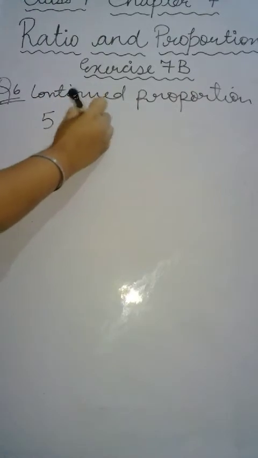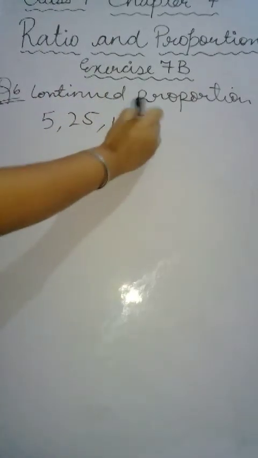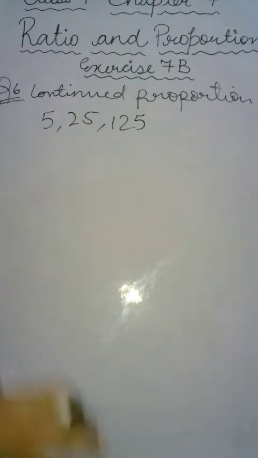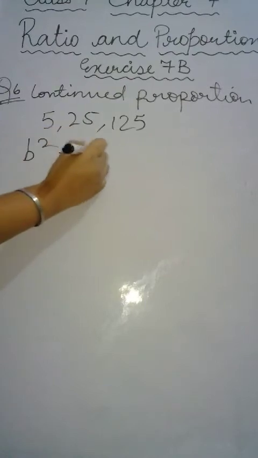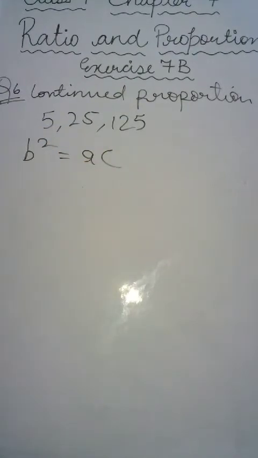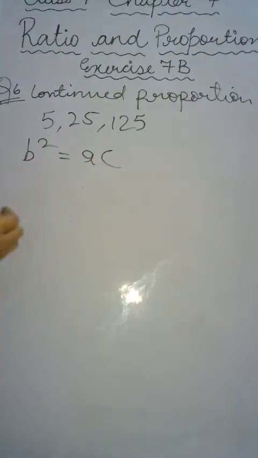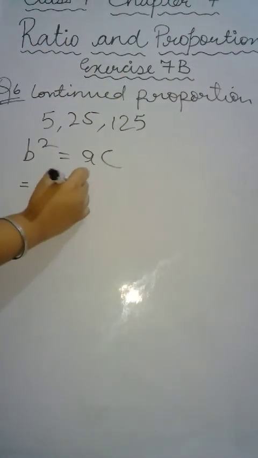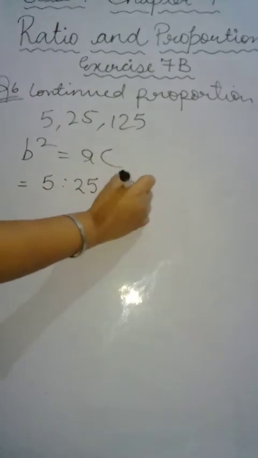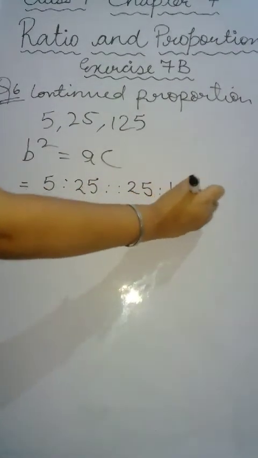Now in question number 6, you have to show that 5, 25 and 125 are in continued proportion. Now straight away, same formula, we have discussed it. B square equals A multiplied by C. Now you have A, this is B, B square means B 2 times, and this is C. You have to show whether it is in continued proportion or not. So 5 is to 25, 25 is to 125.